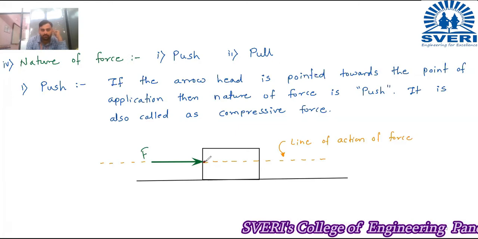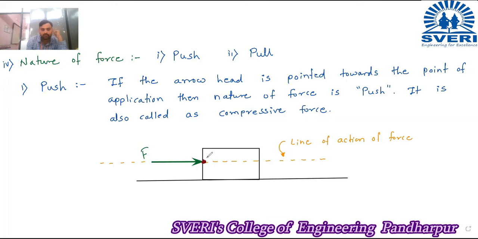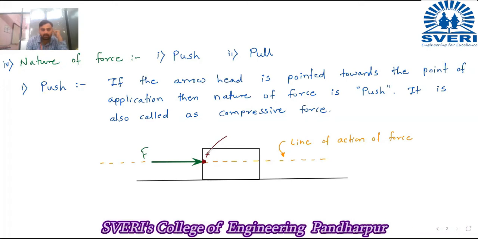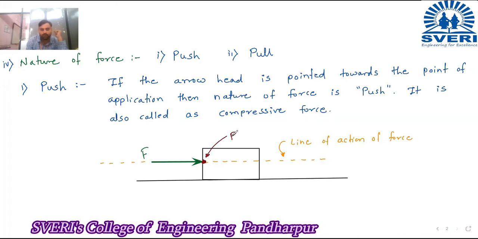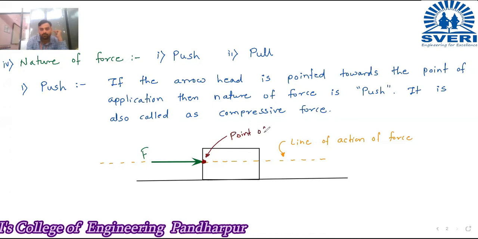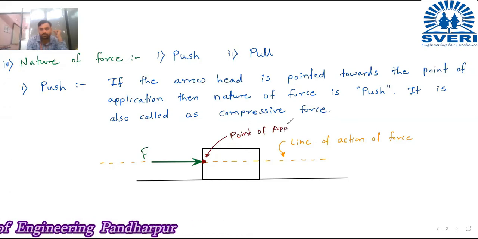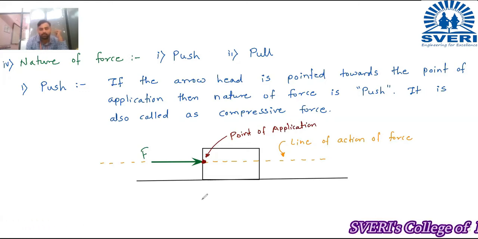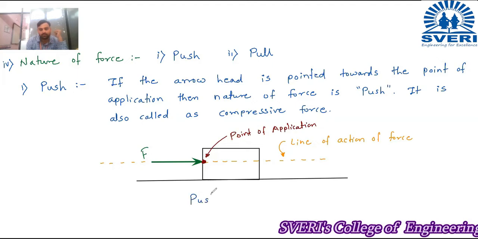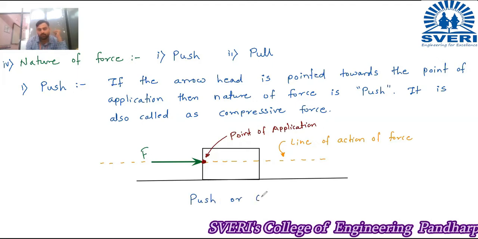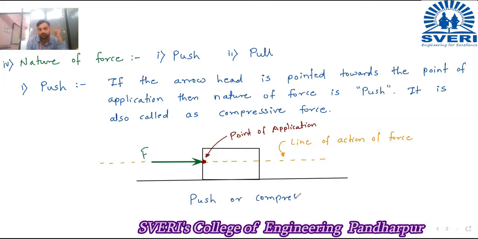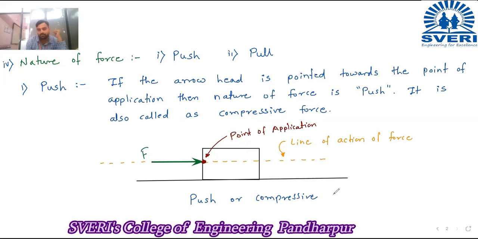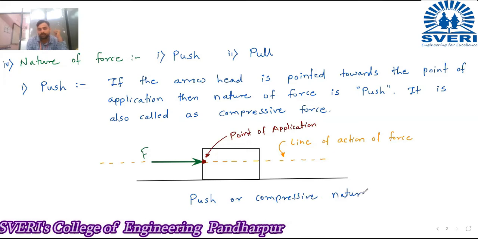Then this point which is over here, this is called the point of application. And this total diagram is push nature. This is push or compressive nature.